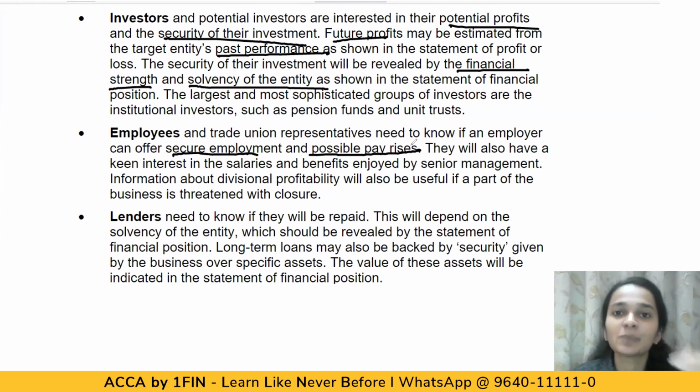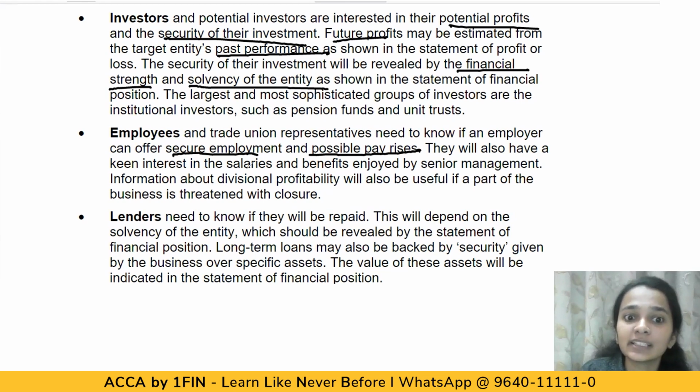Everyone wants that. So the employees, on the basis of financial statements, can decide whether the company is doing well, whether there is any possibility of a raise in their pay, and whether there is any security to their employment. They want to know all of this, and because of which they also become users of financial statements.